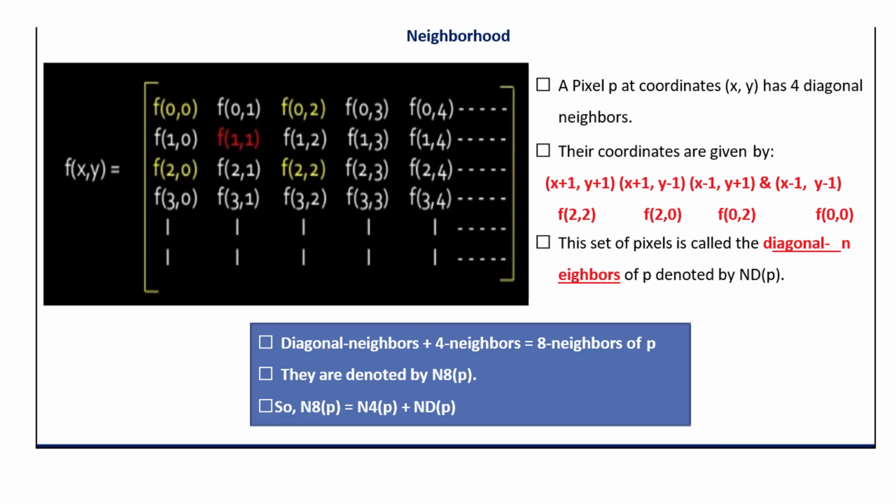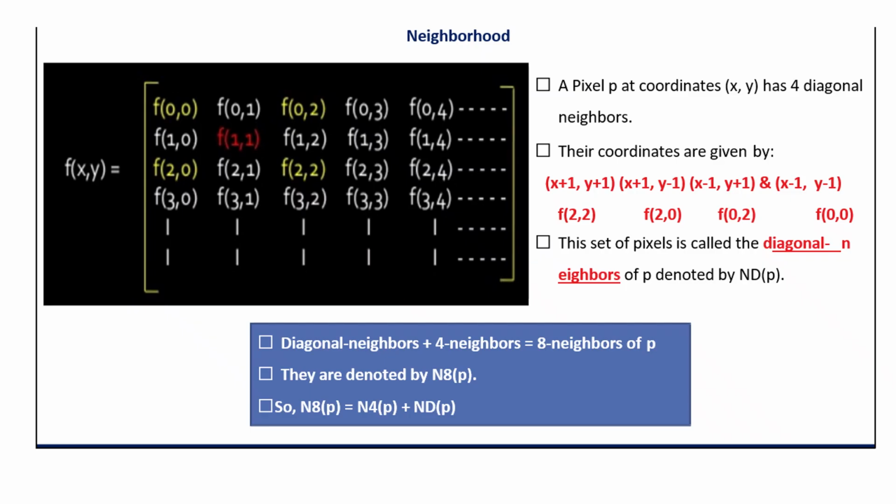What is meant by neighborhood? A pixel P at coordinate has four diagonal neighbors. Their coordinates are f of 2, 2, that is the right side diagonal way, which is x plus 1, y plus 1. Same way f of 0, 0, which means x minus 1, y minus 1. 2, 0, which means x plus 1, y minus 1. 0, 2 is x minus 1, y plus 1.